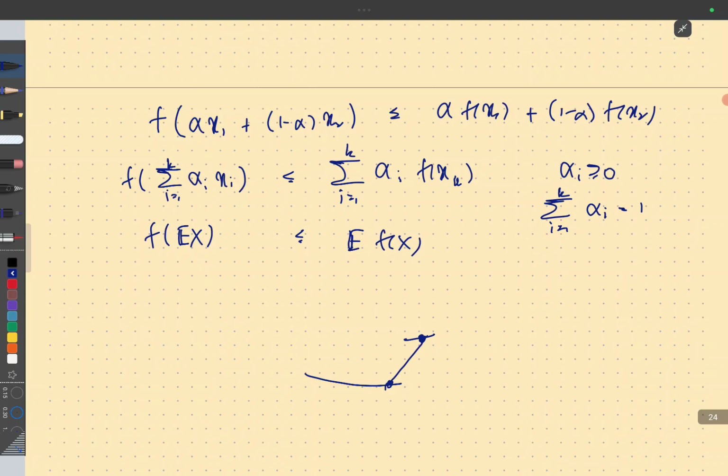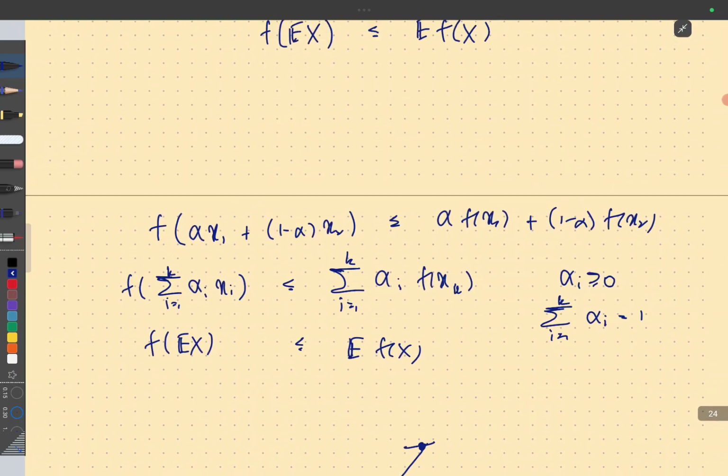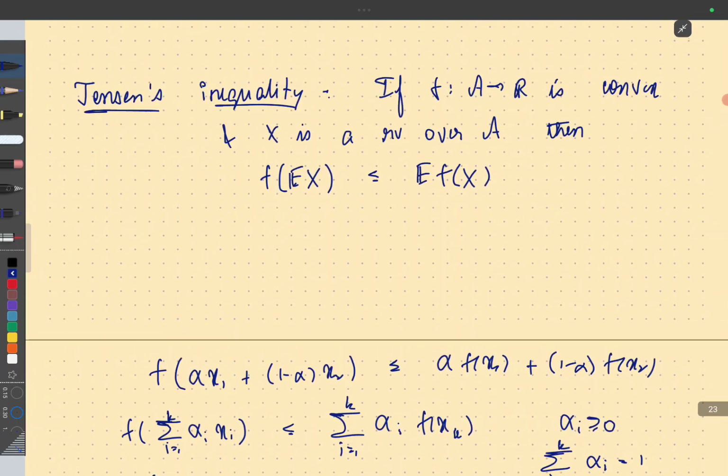And therefore, if a function has to be convex, it should necessarily be continuous. Any questions?